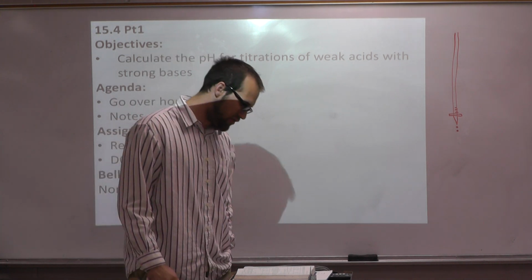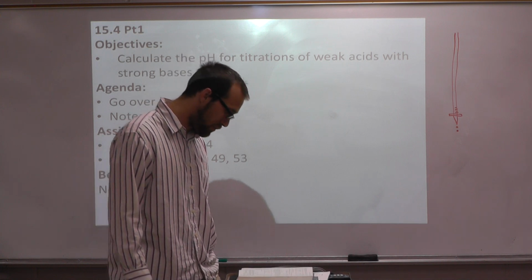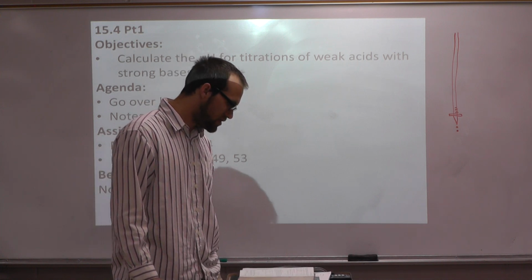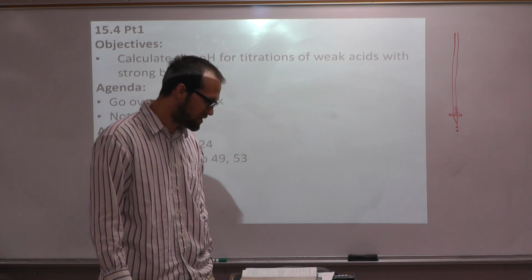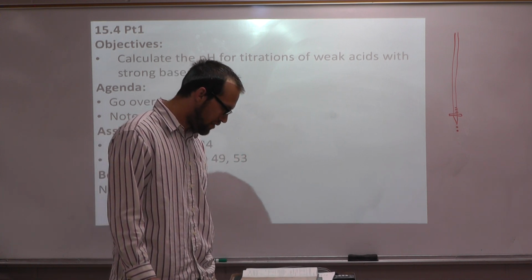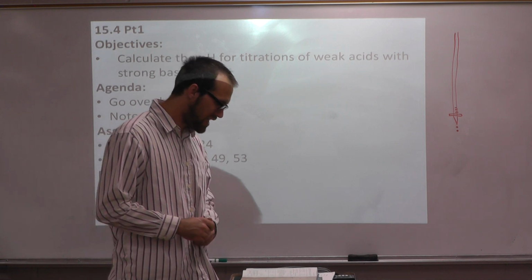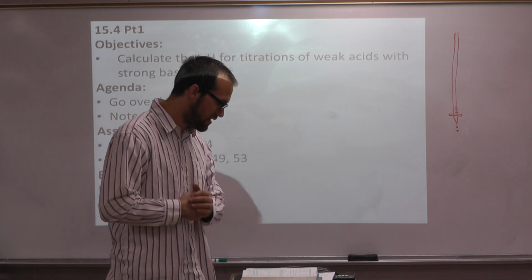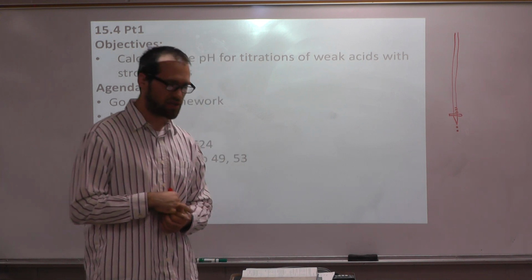Okay? In this section, we will discuss the pH changes that occur during an acid-base titration. We will use the information later to show how an appropriate indicator can be chosen for a particular titration. The progress of an acid-base titration is often monitored by plotting the pH of the solution being analyzed. The plot is called a pH curve or a titration curve.